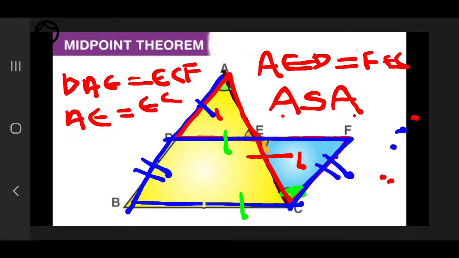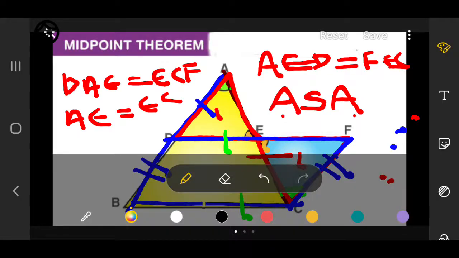We have proved that DE is parallel to BC. What is the midpoint theorem? The line segment joining the midpoints of two sides is parallel to the third side. We proved that.